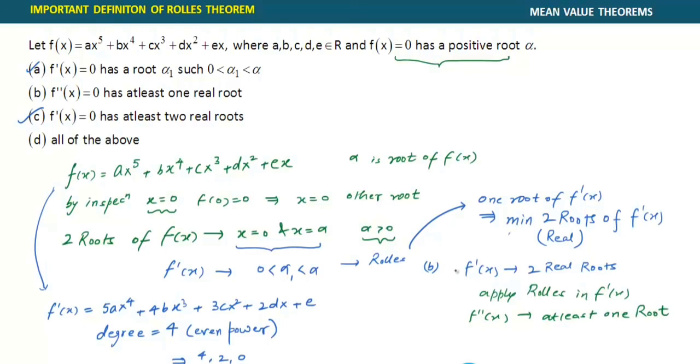So if we apply it here, the derivative of f dash x will also have at least one root between the two roots of f dash x. So that means B option is also true. That means this is the net answer, that all of the above are correct.